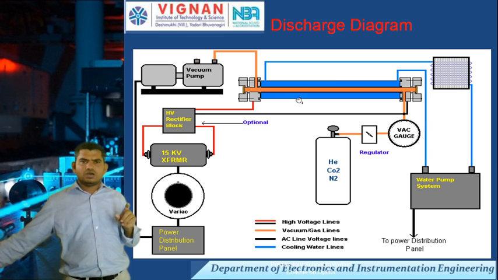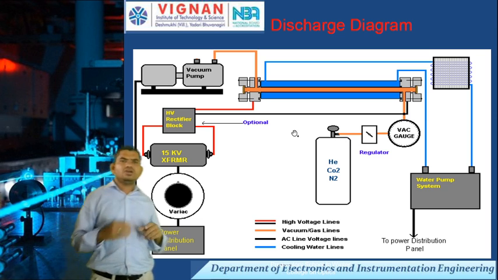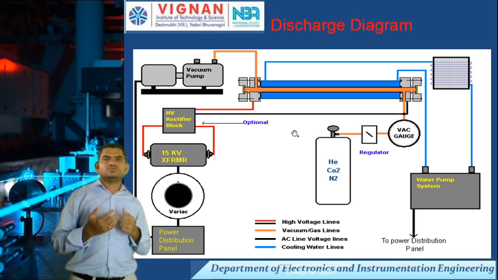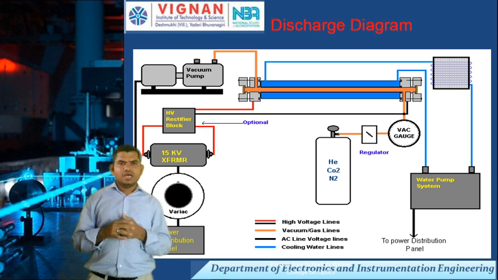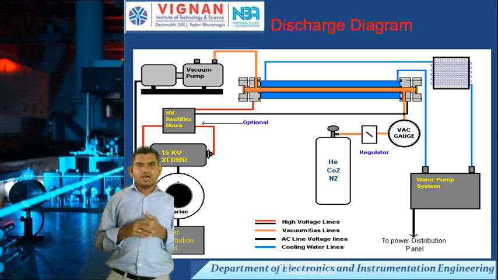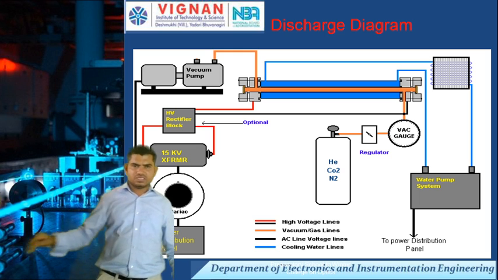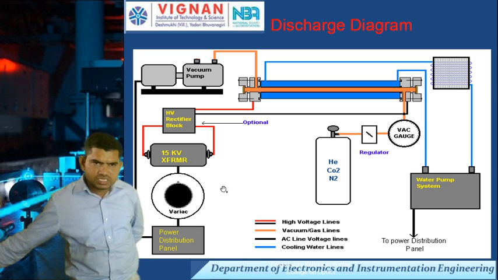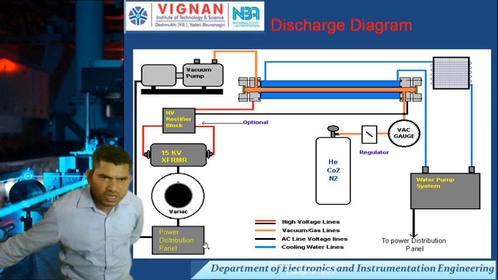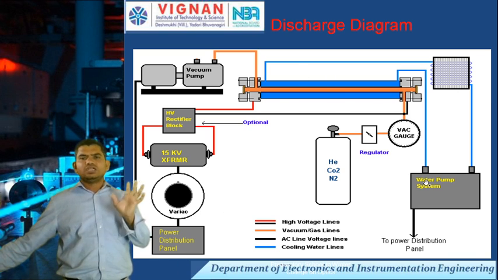In this cylinder we fill the three gases. Then there is the discharging tube, a vacuum pump, a high voltage rectifier block, a transformer, a power supply unit, and a power distribution panel. This is the total setup for the discharging tube.